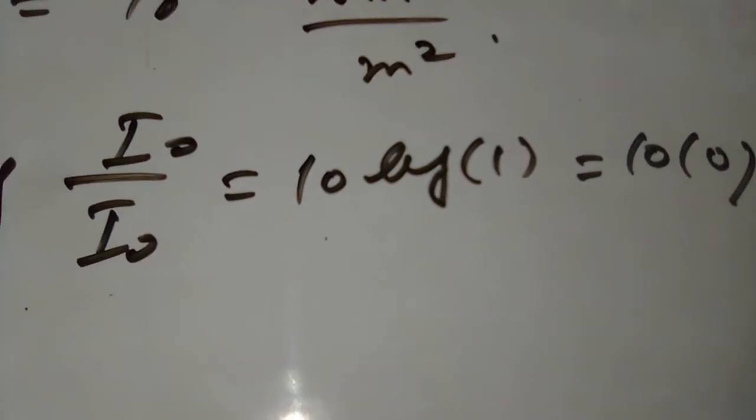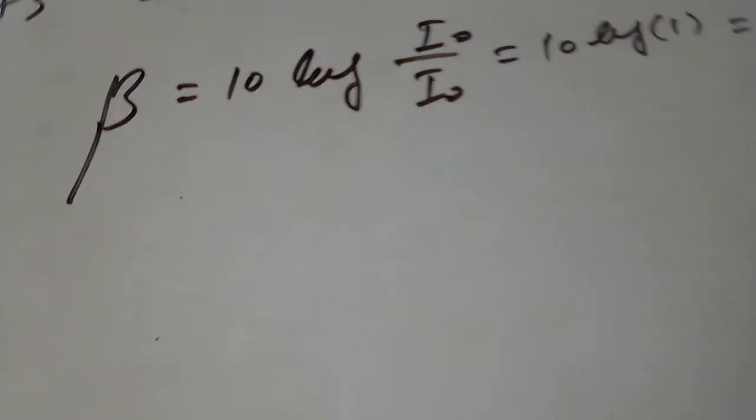So it is equal to 0 decibel. The intensity level for the faintest audible sound is 0 decibel.